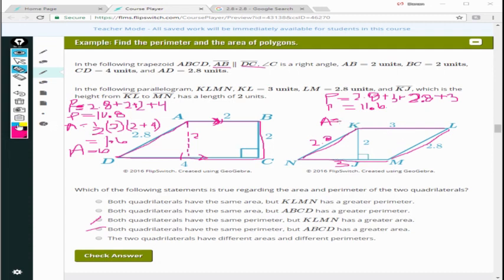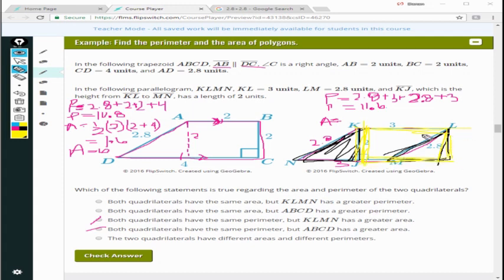The reason that is because if I were to take this triangle section of the parallelogram and just slide it over here to where the 2.8 lines up with the 2.8 side, our new object is a rectangle that starts right here, goes over, down, and across.